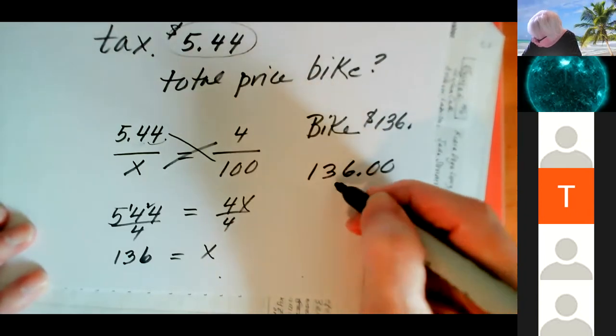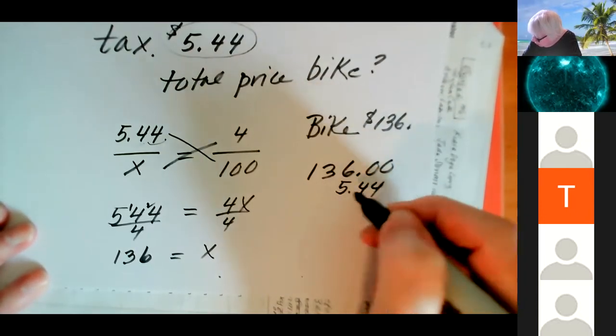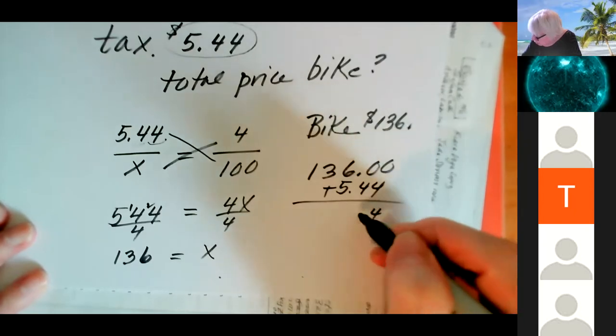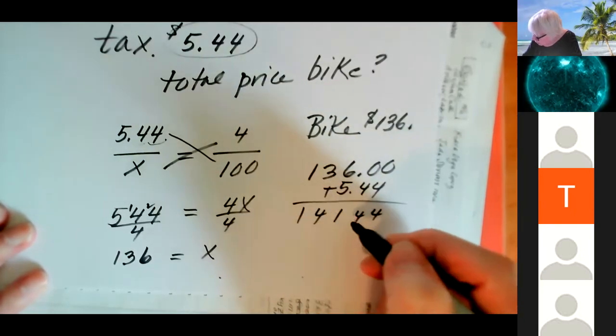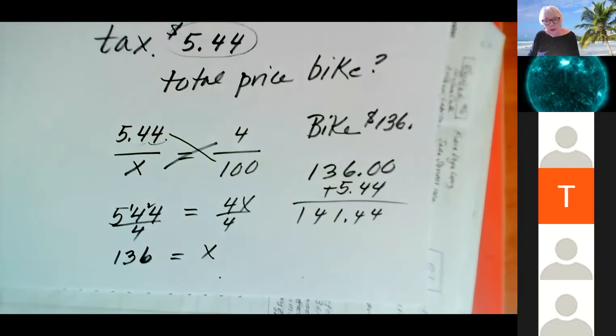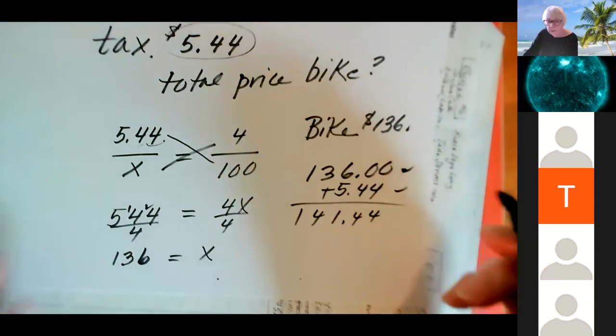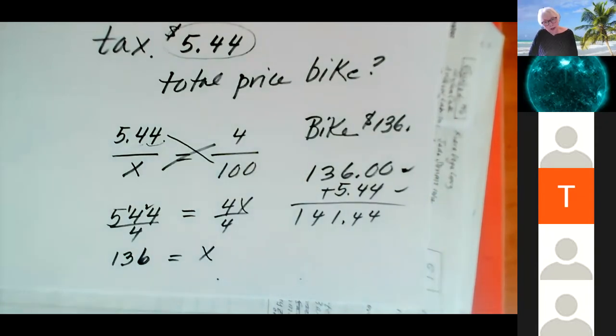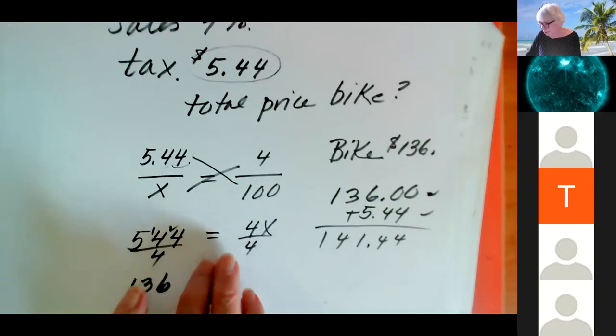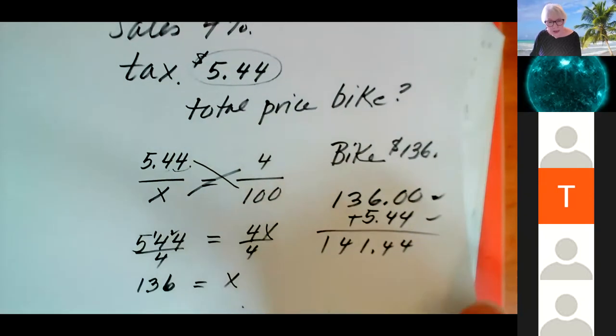So that's $141.44. There's your number. And doggone, if you have to ship it, that's another 10%. Maybe more, right? It seems like it to me.